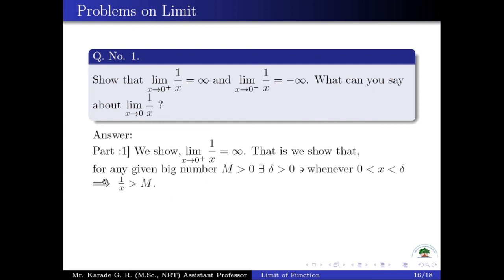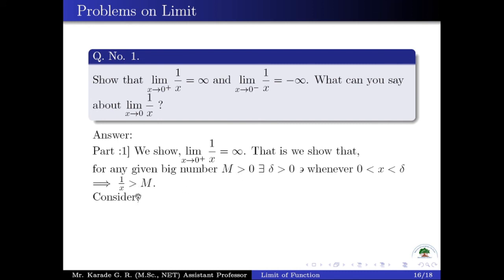That is, we show that for any given big number m greater than 0, there exists delta greater than 0 such that whenever x is greater than 0 and less than delta, meaning x approaching 0 from the right hand side of 0, this must imply 1 upon x is greater than m. Values of 1 upon x become larger and larger as m is a very large number.